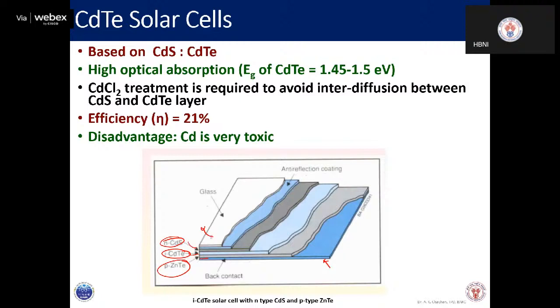So now the structure is, which structure is it? Same structure, P, I, N. So radiation will fall on the intrinsic layer. The electron hole pairs will be generated. Those electron hole pairs will see a built-in potential due to the N-type and P-type materials, and then the electron hole pairs will be transferred to the external electrodes through these materials.